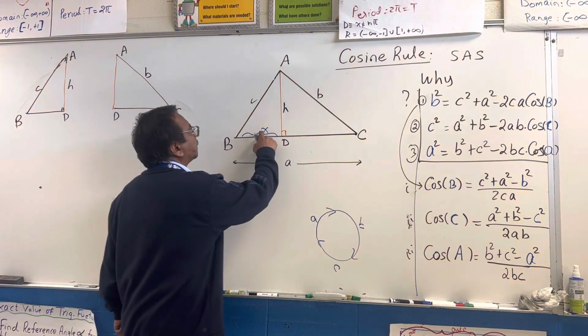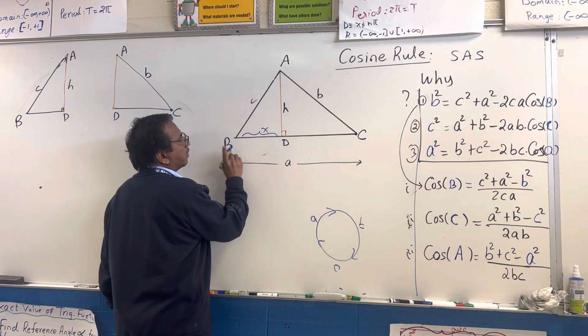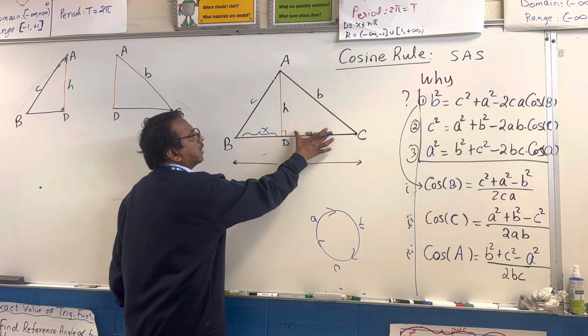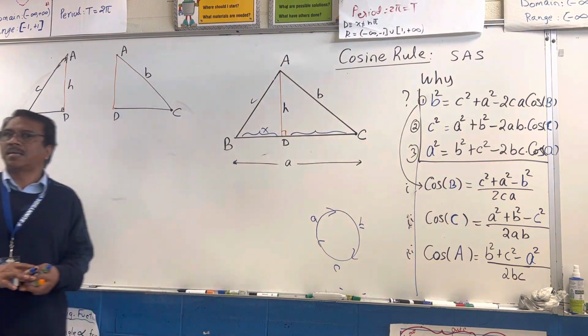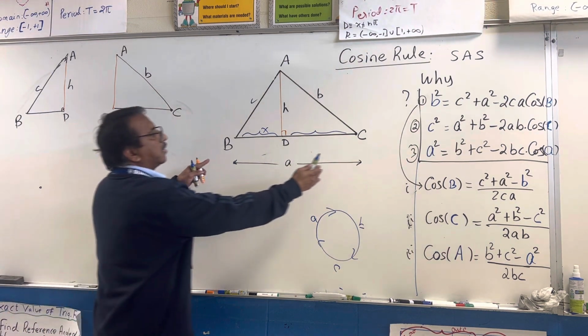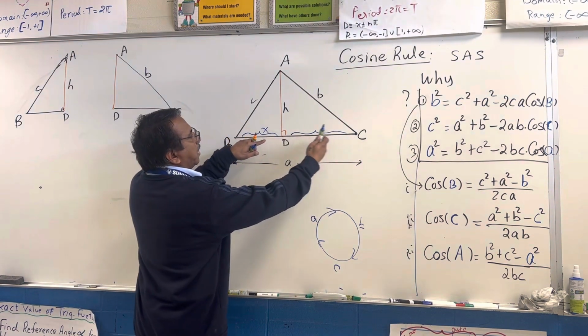Because BC all the way is a, how much will this other part be? This whole thing is lowercase a, and this one is X.